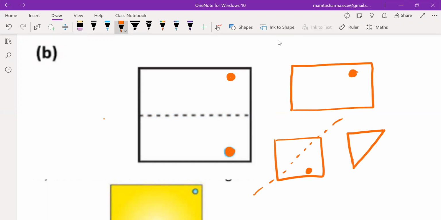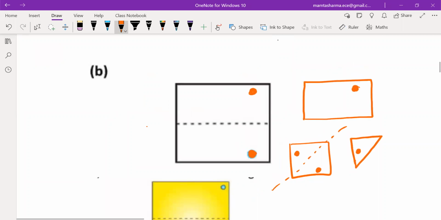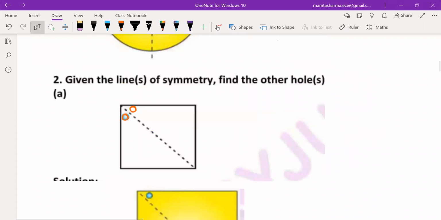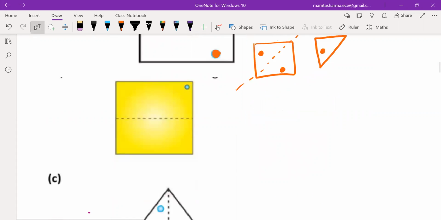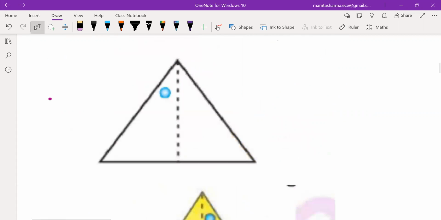So this hole will come here. So the other hole will exist here only. Got it? The location of the hole depends upon the location of the line of symmetry. Clear, Gohit? Yes, ma'am.